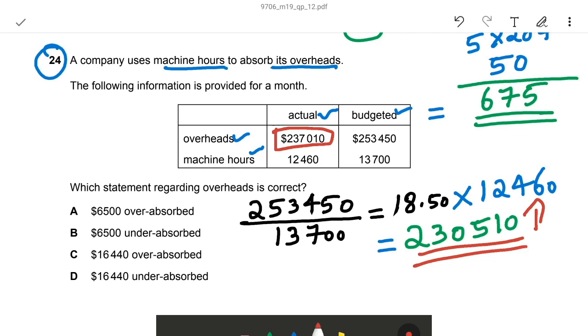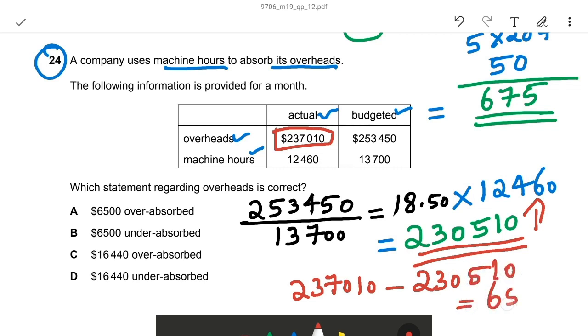So what is the difference? 237,010 minus 230,510 is equal to 6,500. So the absorbed amount was less than the actual, and that is 6,500 under absorbed. So the correct answer is D.